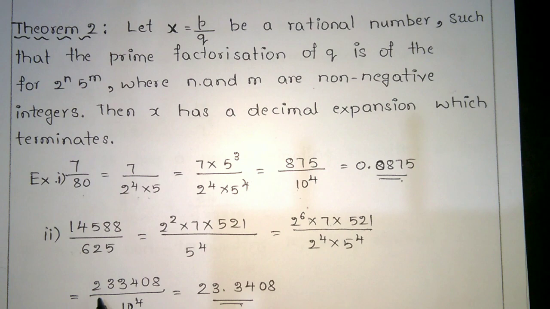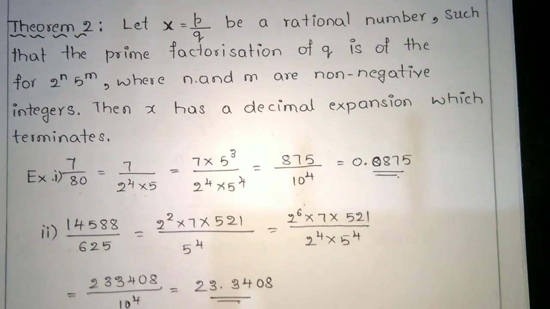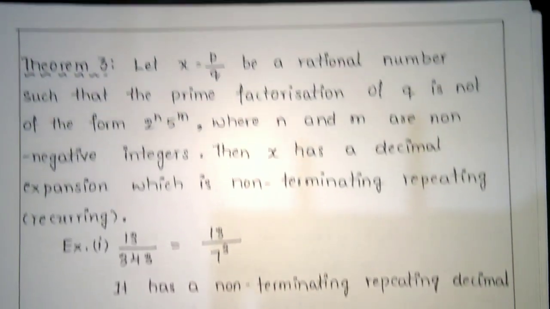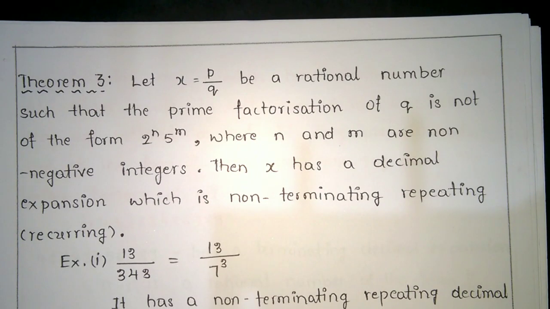So it is nothing but 2,33,408 divided by 10 power 4, nothing but 23.3408.